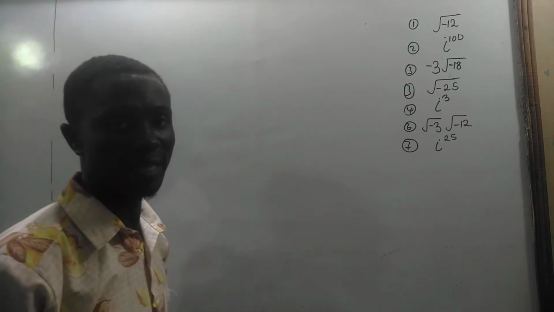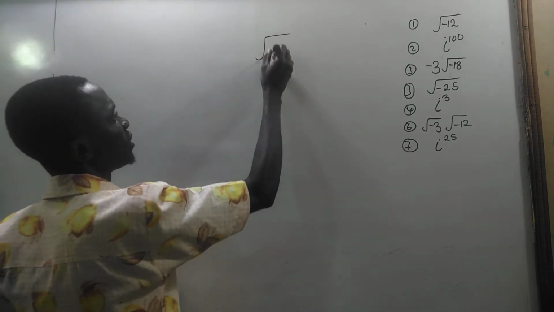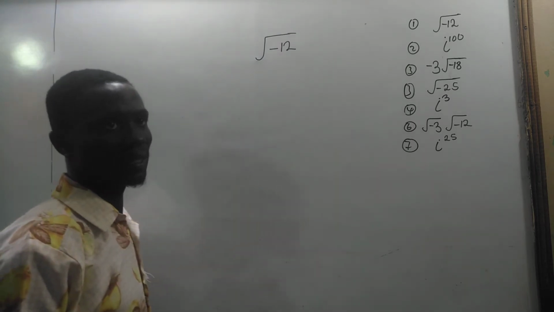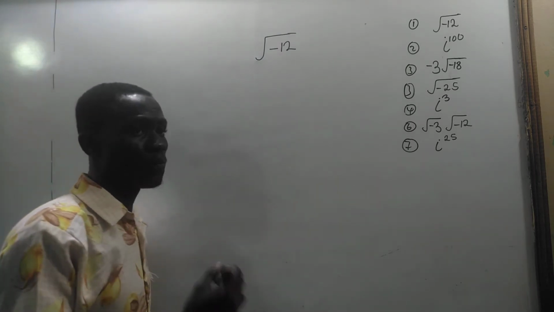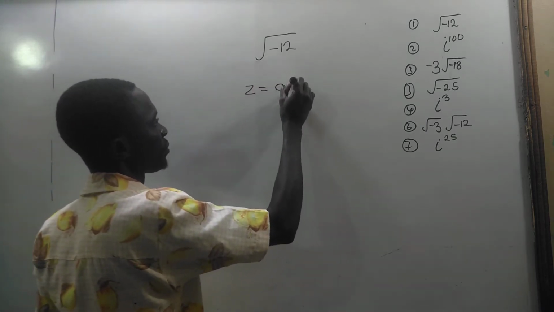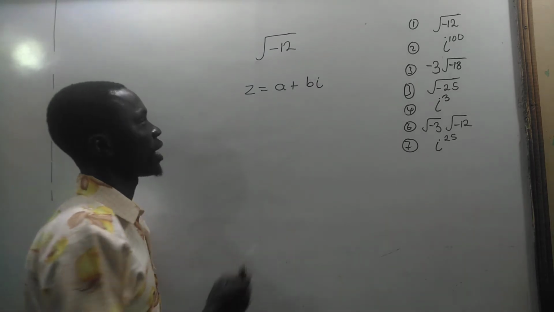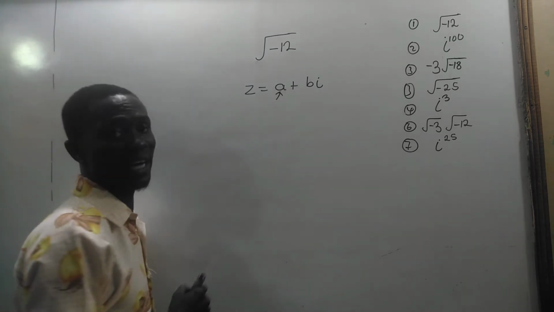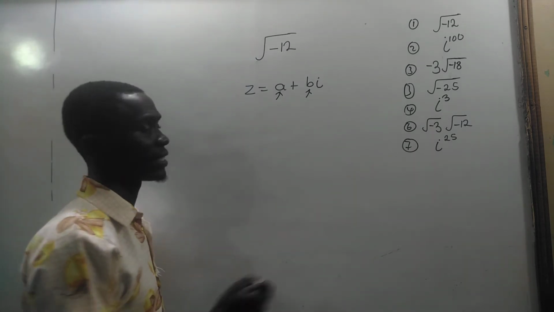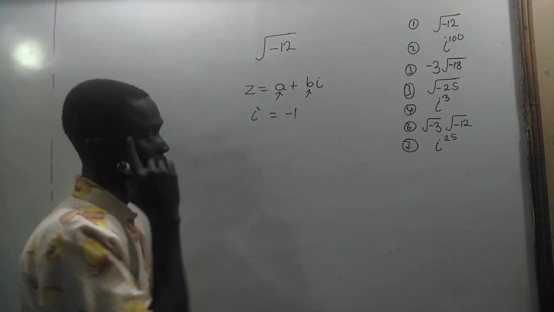Now, let us start with number 1. We have the square root of negative 12. How do we simplify this? We said that the complex number is any number of the form z equal to a plus bi, where a is the real part and b is the imaginary part, such that i squared is equal to negative 1.